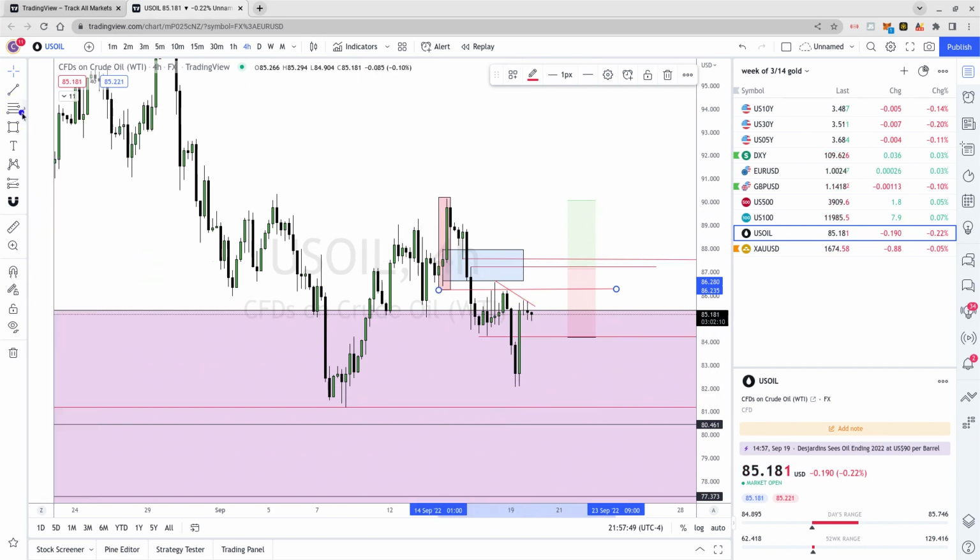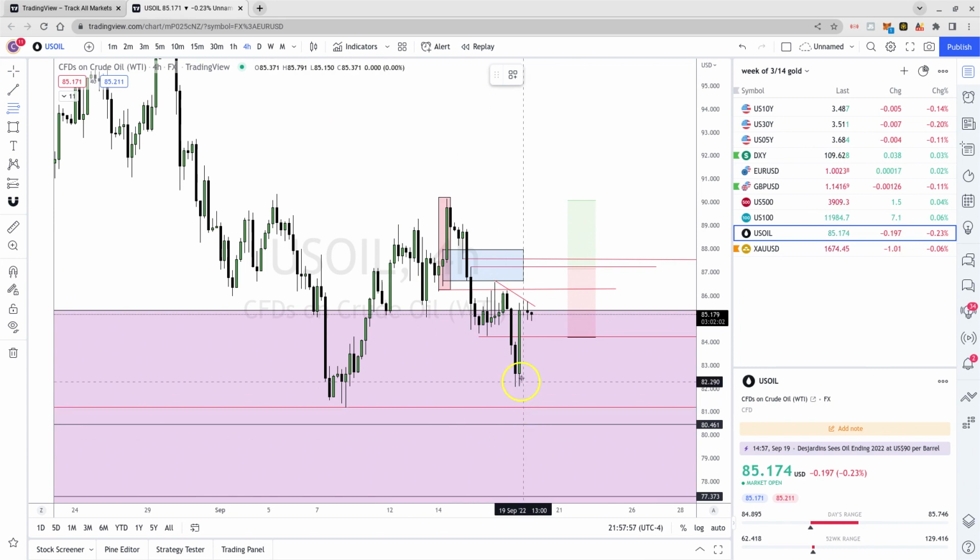But what I like to see at this point is, if this is my range, right, there's a buy side sweep, sell side sweep, and then all the price did was engineer internal range liquidity, right?